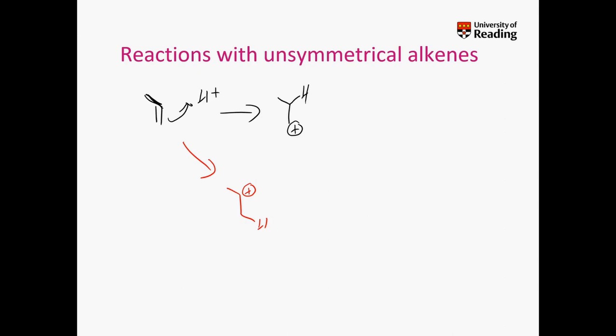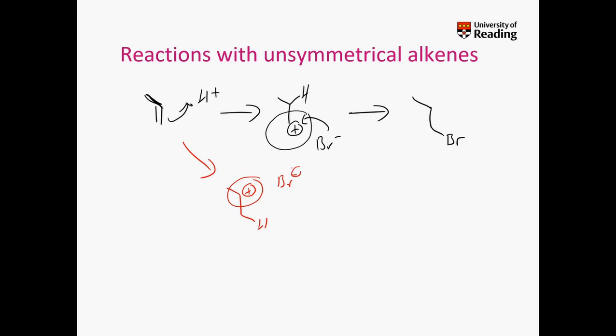So we can see that in this first example here, we would have a primary carbocation. So if we were to continue the reaction mechanism, we would end up with this product. Okay, and in the bottom here, we have a secondary carbocation.